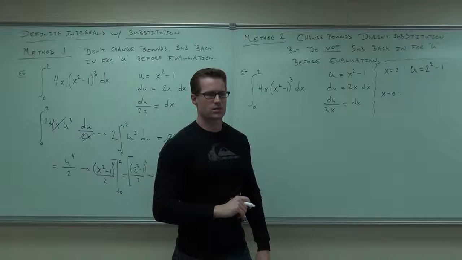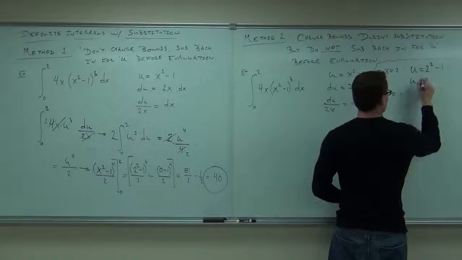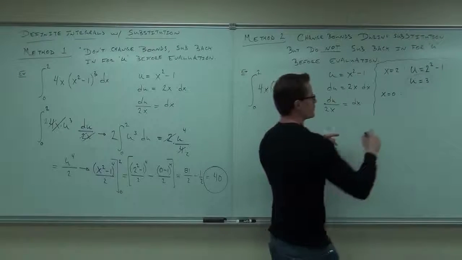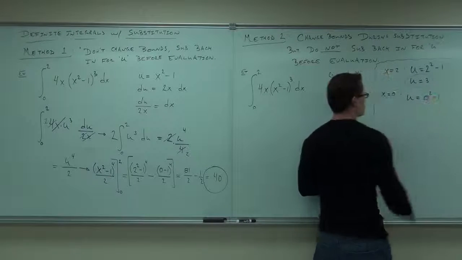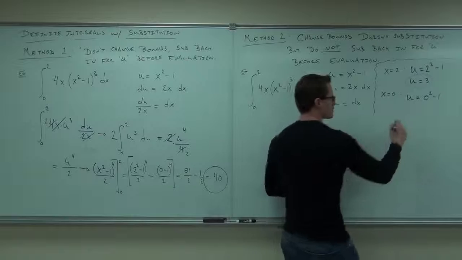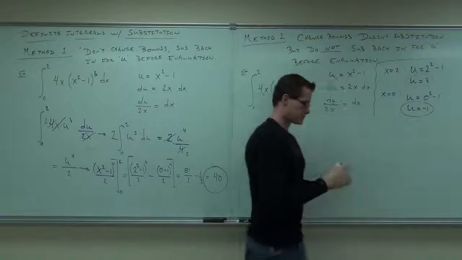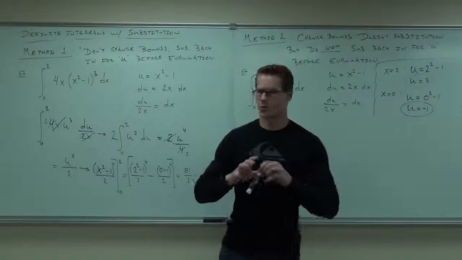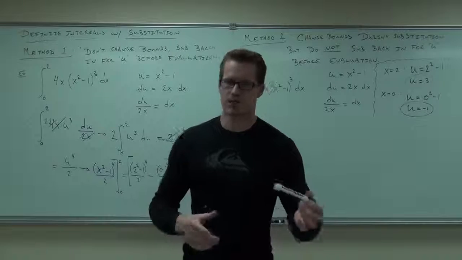And u is going to equal what? 3. If x equals 0, u equals 0 squared minus 1, which is negative 1. Very good. Well, now we can make a substitution with everything, and the bounds will match the variable, which is nice.